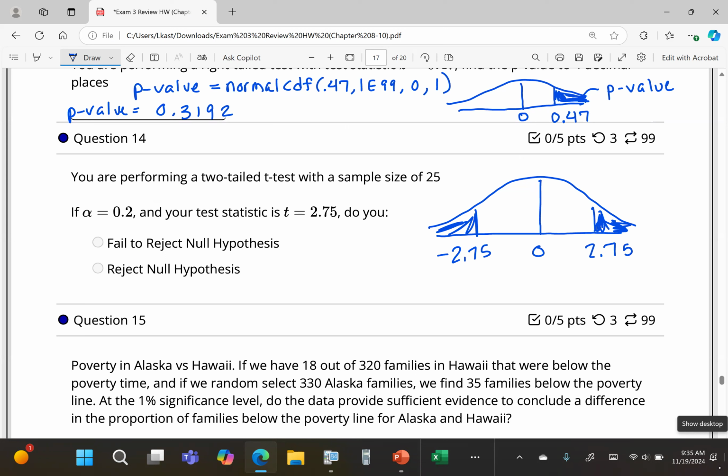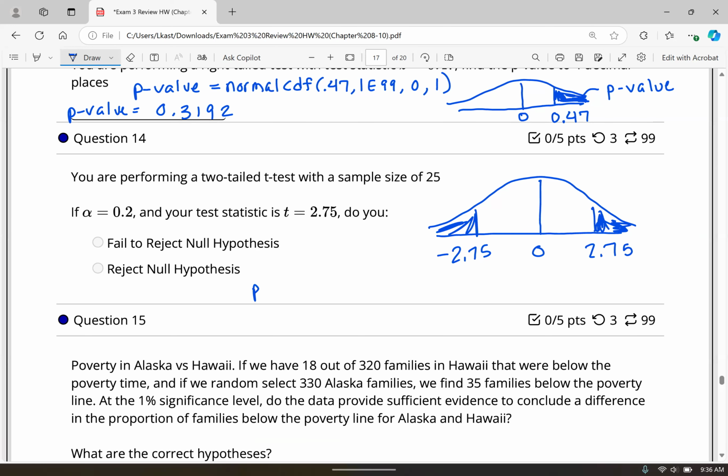They're symmetric, okay? And so the easiest way to do this, whether this is a t-test or a z-test, is to do what? The total area under the curve is 1. So if I take away the area in between negative 2.75 and 2.75, I should have the area in the two tails. So is that a TCDF?